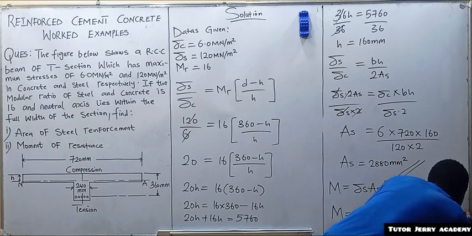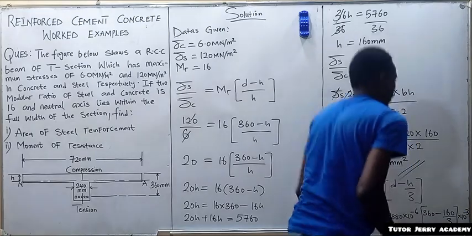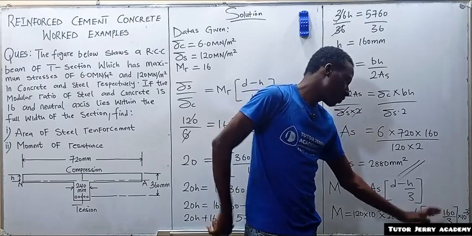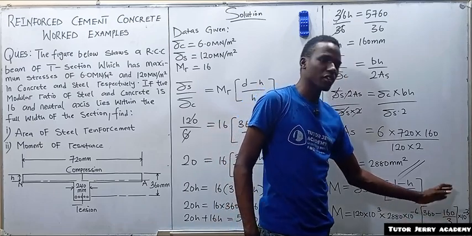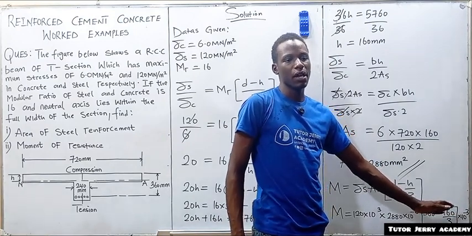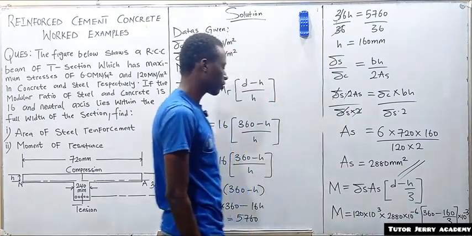So we have 360 minus 160 all over 3 multiplied by 10 to the power of minus 3. So this is 360 multiplied by 10 to the power of minus 3 minus 160 multiplied by 10 to the power of minus 3. We just factored out 10 to the power of minus 3. So this is what we have.